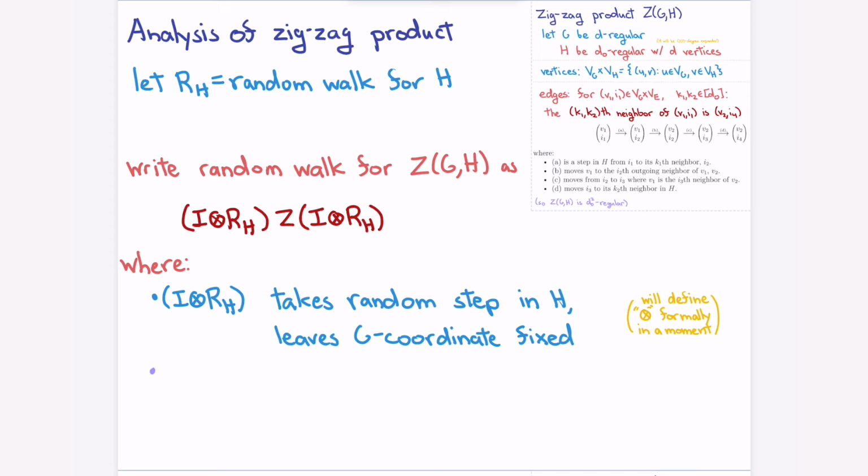And in the second one, that middle step is actually deterministic, right? Once you've made your choice in H, you just follow 2 steps deterministically. So I'm just going to call this Z. I should point out Z is still a random walk matrix. It's not very random, you just go from one place to the next.